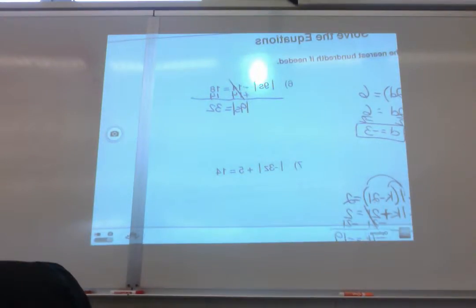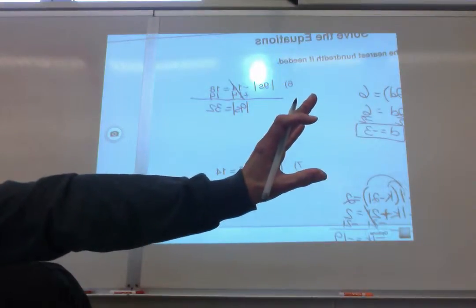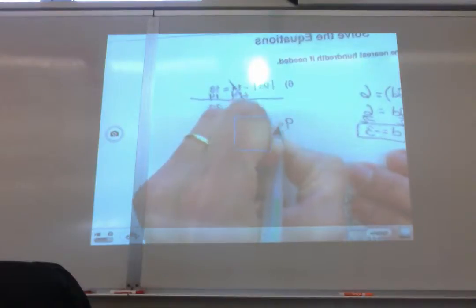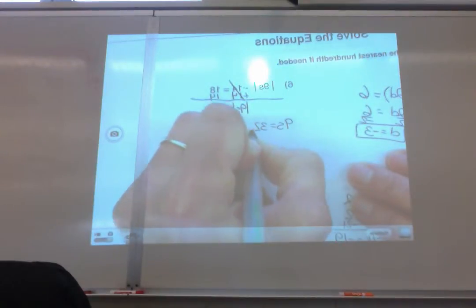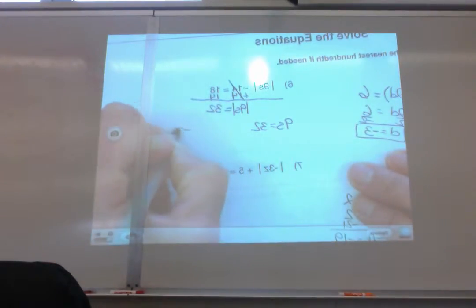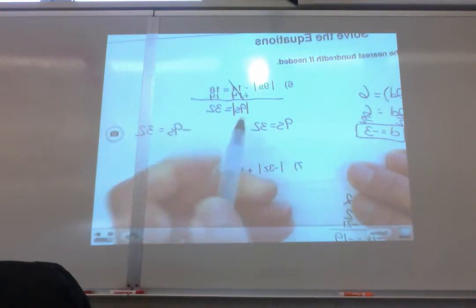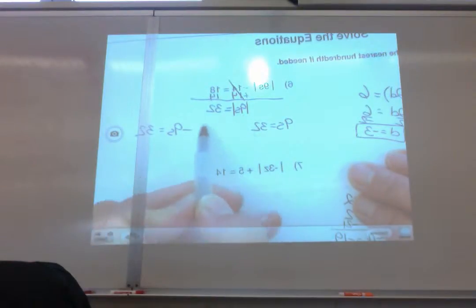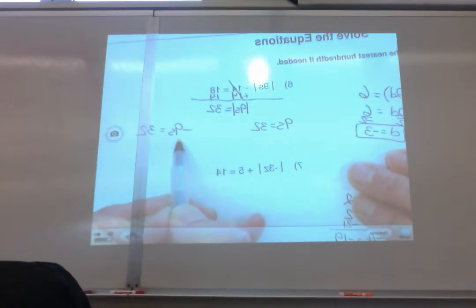Now that I have it down to just absolute value and numbers on the other side, I think about the positive version of this equation and the negative version of this equation. I take what's inside and first just bring it out. Second, I times it by a negative 1.